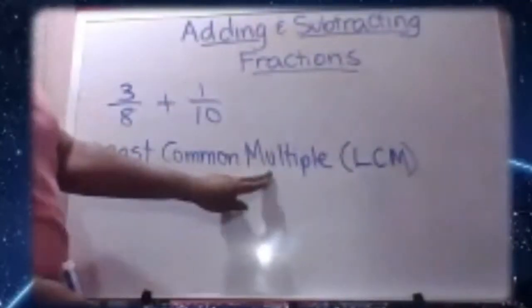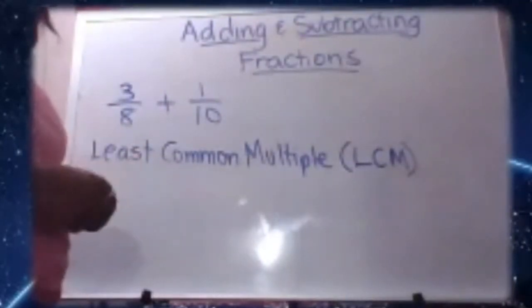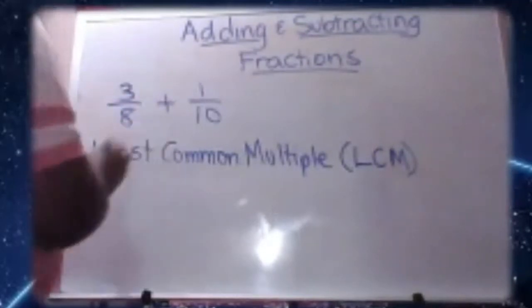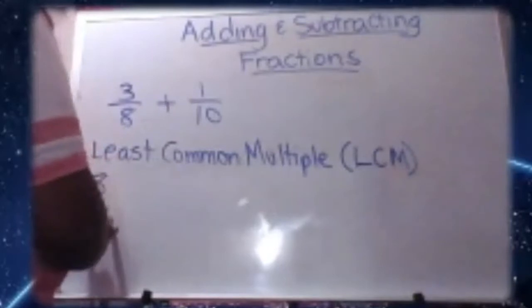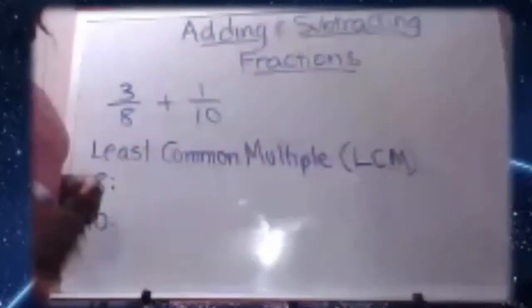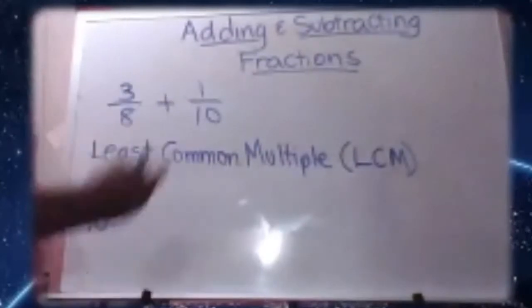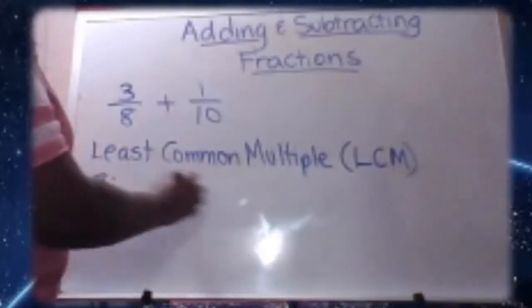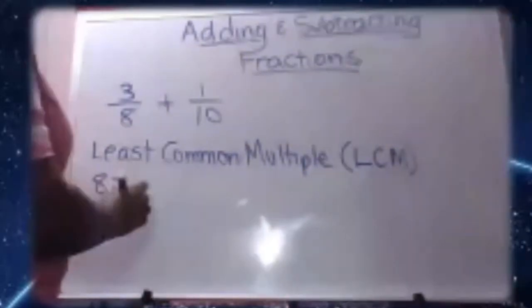When we talk about multiples, that means we're thinking about the multiplication of 8 and 10. That means if we count by 8, or if we keep adding 8, and if we keep adding 10, what number do they have in common?